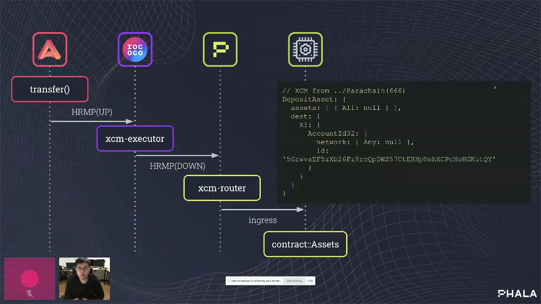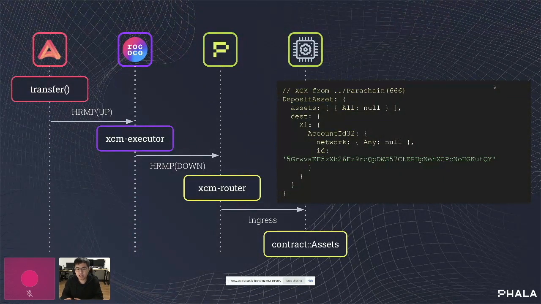On Phala network, what we have is not the endpoint, but an XCM router. The router will redirect the message received from other parachains and dispatch it to the actual secure enclave that runs the secret wallet. We call this an ingress message.